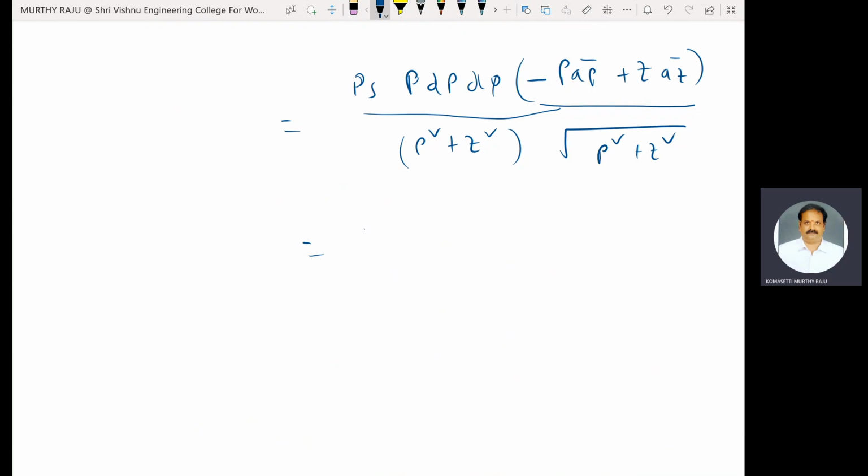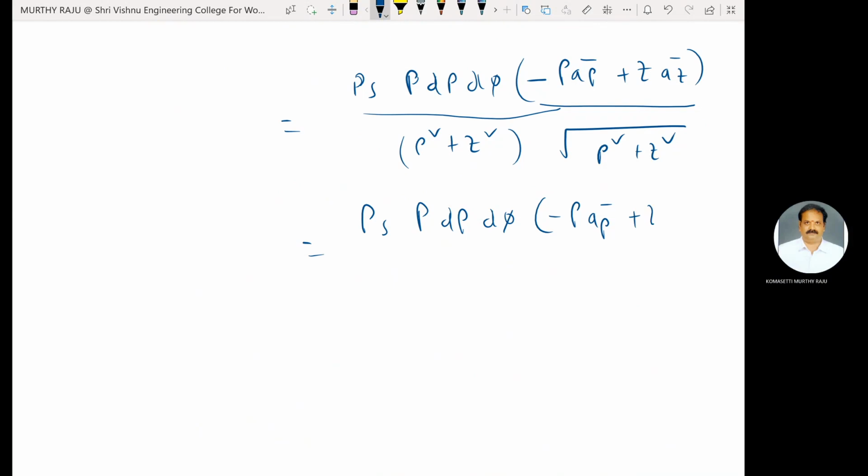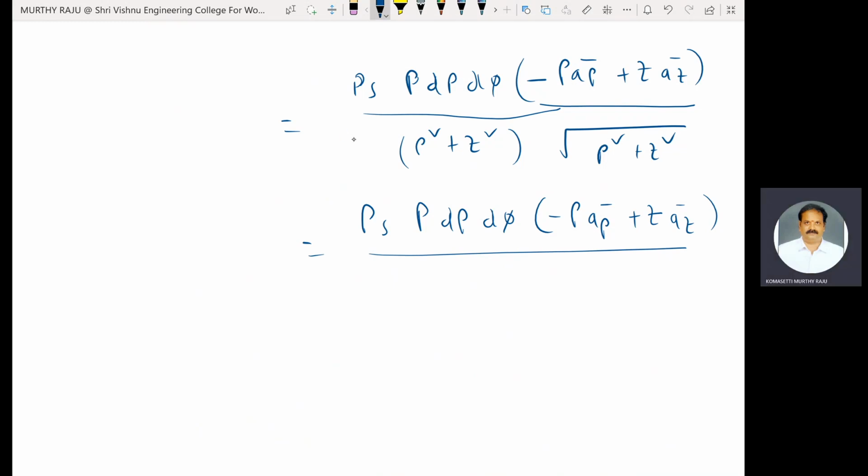That is equal to rho_s rho d rho d phi minus rho a_rho plus z a_z, divided by 4 pi epsilon 0 (rho square plus z square) whole power 3 by 2.